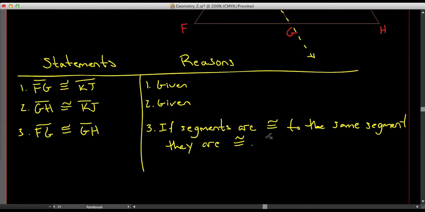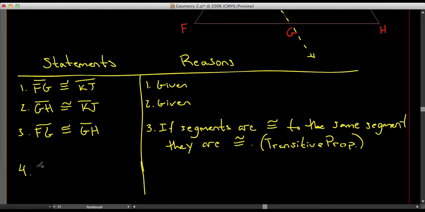And this is known as the transitive property. So maybe you've seen this in algebra before. It is a property that continues throughout mathematics and is used in many different fields. So here it applies.